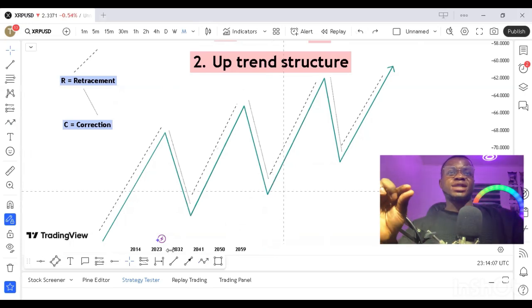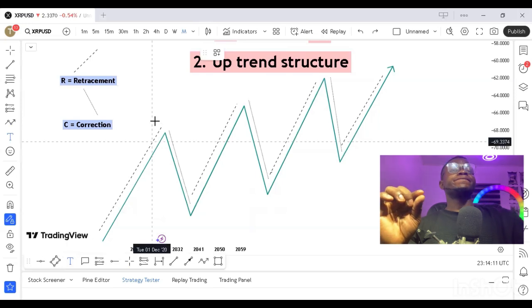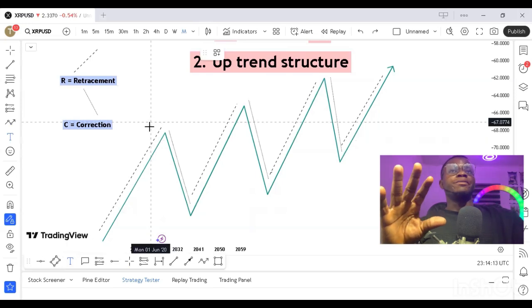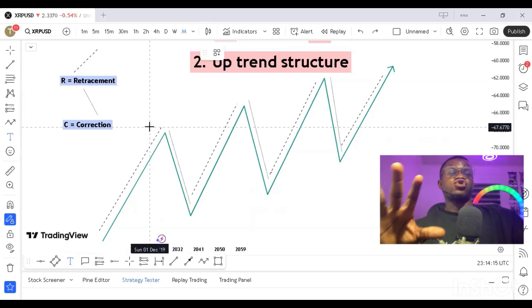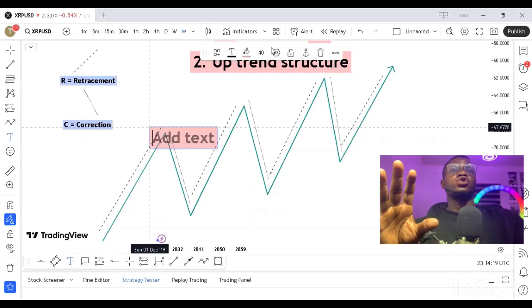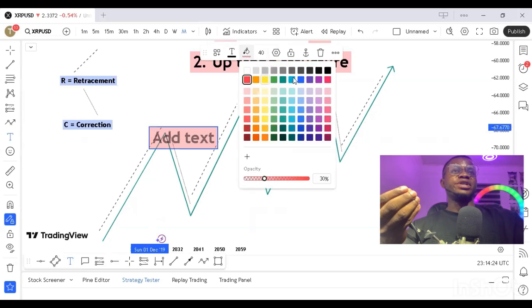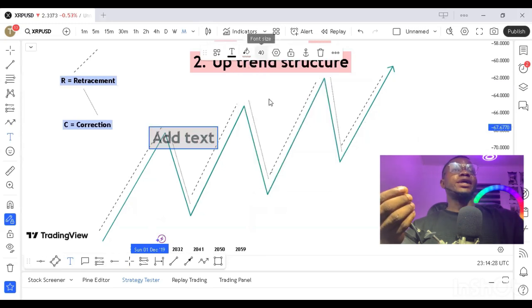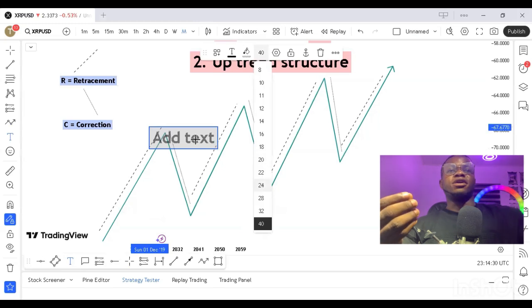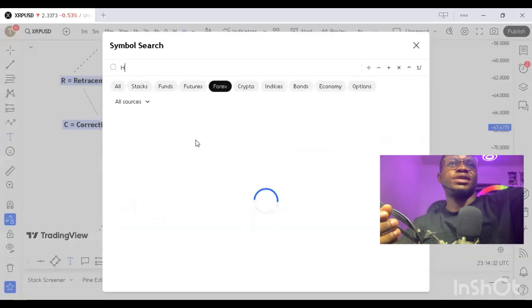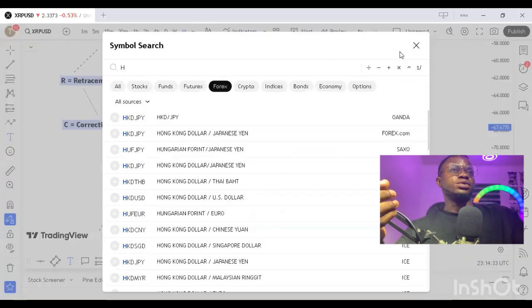So in the chart, you will be simplifying your structure to, please follow me, higher highs and higher lows. Those are the rhythms. So your structure is based off higher highs and higher lows.